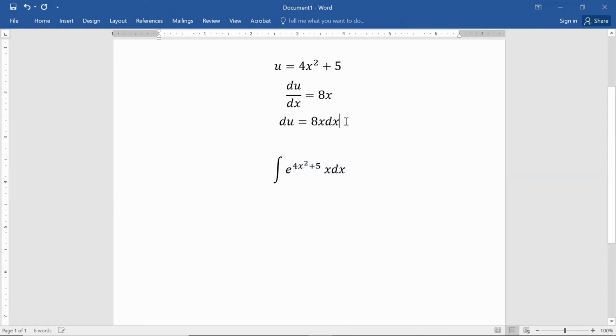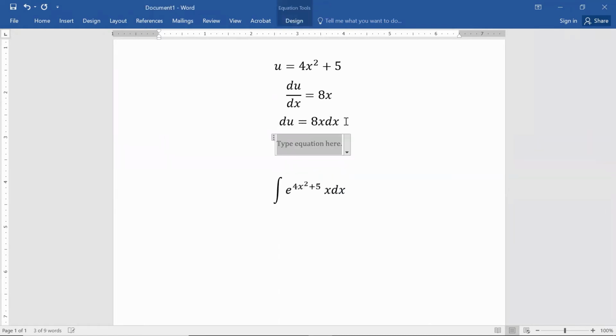There's a couple of ways we can do this, but I think the one that's probably fastest is just to divide both sides in my differential exchange by 8. That is going to give me 1/8 du equals x dx.